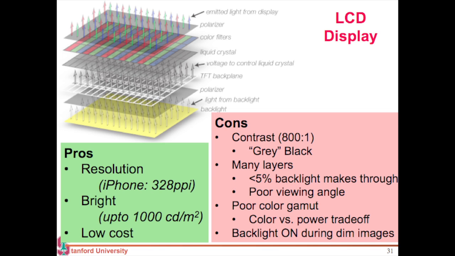And so there are many pros and cons of this technology. Some of the pros of LCD, and when I'm saying pros, it's compared to an OLED display that we'll cover after this. If you look at the resolution, you can easily achieve a resolution of above 300.